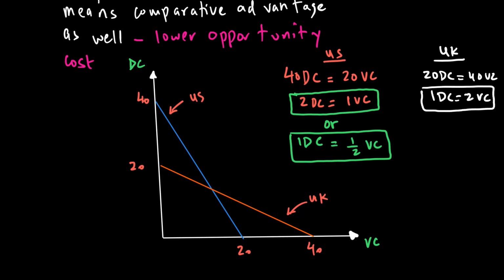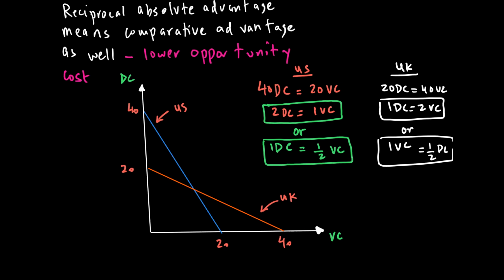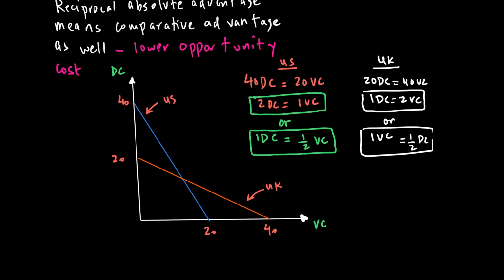On the other hand, I can rewrite this, or 1 VC, because if I bring this 2 on the other side, 1 VC is equal to half DC. So when I look at these opportunity costs, 1 VC is equal to half DC.